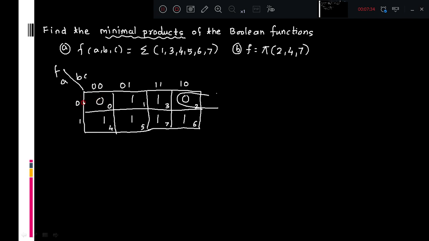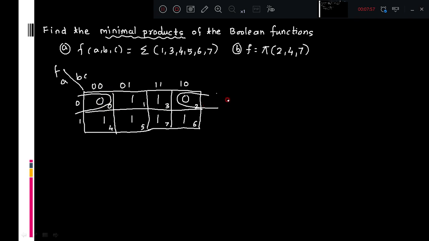So if I group by the logical adjacency concept 0 and 2, logically adjacent means if I compare cell number 0 and 2, only one bit changes there, 0 0 0 and 0 1 0. The middle bit is changing from 0 to 1, only one bit change means logically adjacent.